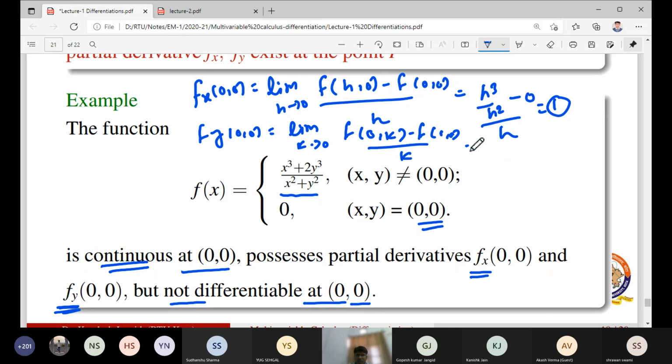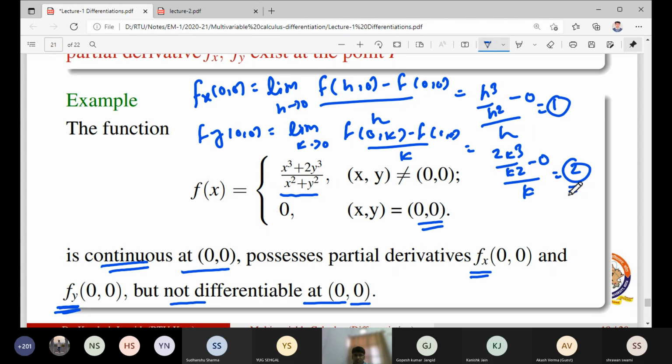If you put x equals to 0 and y equals to k here, then it becomes 2k cube divided by k square minus 0 by k. So this is 2.